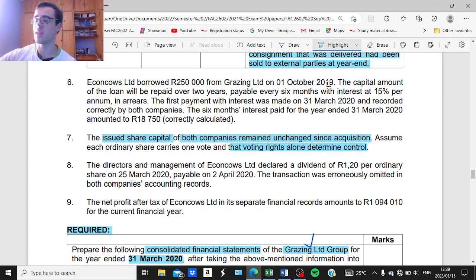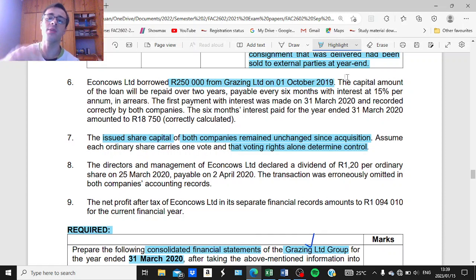Then let's look at additional information point 6. Now, Econ Cows Limited borrowed 250,000 Rand from Grazing Ltd on the 1st of October 2019, which is clearly within the current financial year. The capital amount of the loan will be repaid over 2 years.